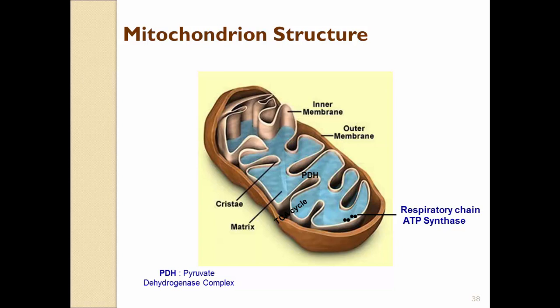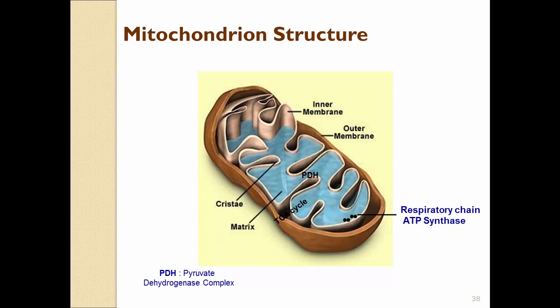And also the mitochondrial matrix. Lots of enzymes, particularly the enzymes involved in the respiratory chain or oxidative phosphorylation, are located in the mitochondria. That's why mitochondria is so important, because the electron transport chain occurs in the mitochondria.